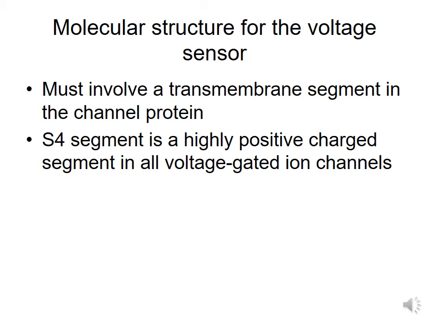And with careful alignment of the sequence of the amino acids, what was found was that there was a transmembrane segment that was common among all the voltage gated channels that was called the S4 segment, because it was the fourth transmembrane segment that had very highly positively charged amino acids.